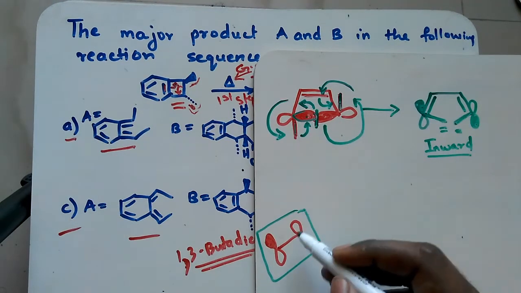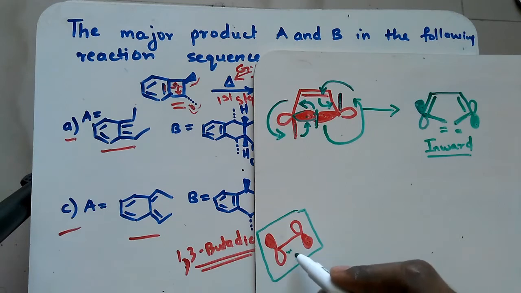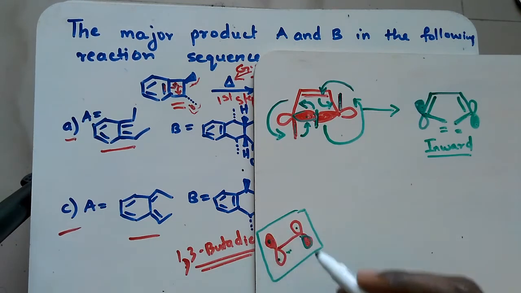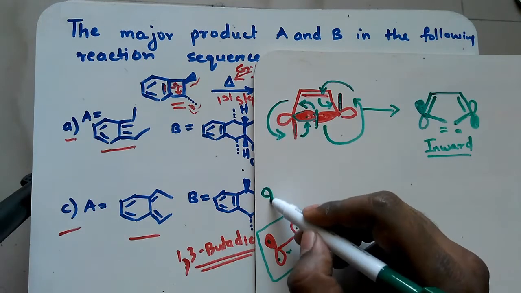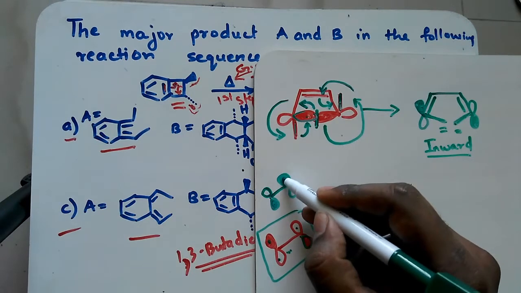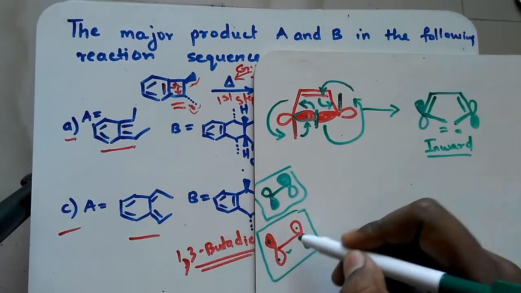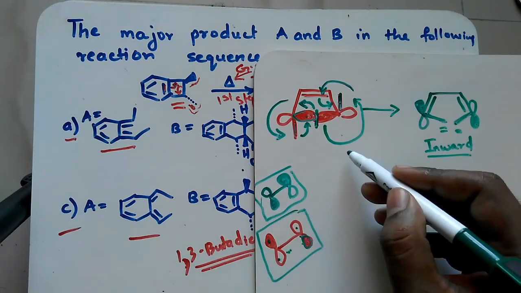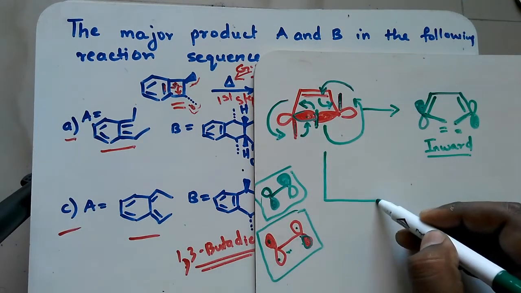Another thing is that instead of this part, we can also have this positive phase here and this positive phase here. It can also look like this. Both are the same. Okay, so in order to look like this, another rotation can happen.